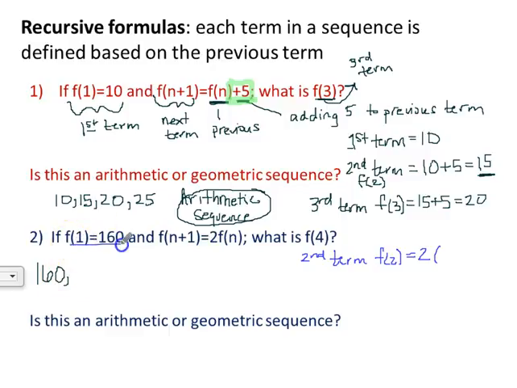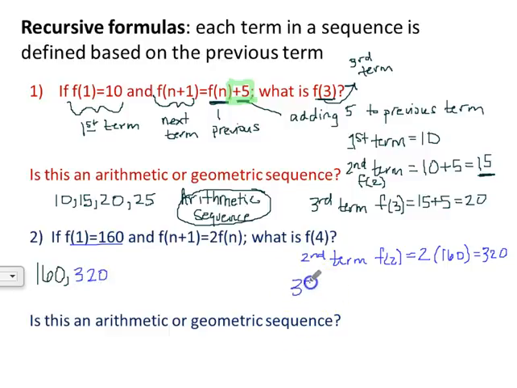Well, f of 1, remember, was 160. So I'm going to take 2 times 160, and that gives me 320. So my second term will be 320.